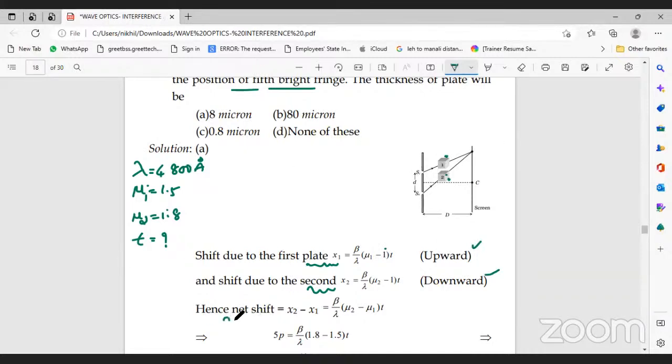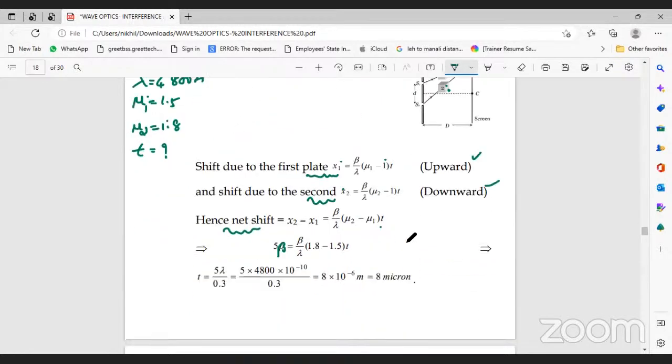So the net shift is x2 minus x1, which is beta by lambda into mu2 minus mu1 into T. They are telling us that the shifted position is taken by the fifth bright fringe, which means 5 times beta.